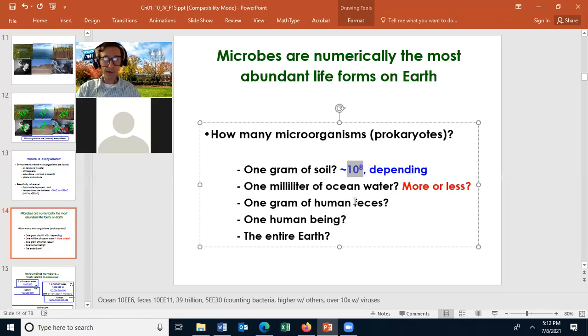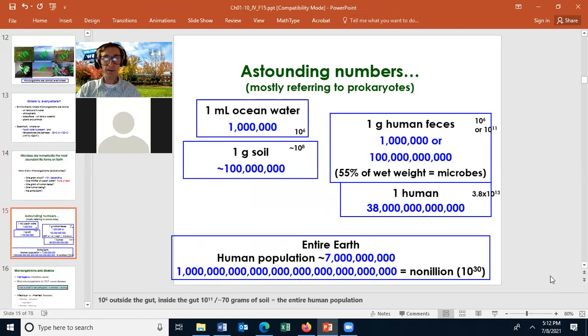But if you defecate in the desert and it's dried up for several days, it actually may be less, but that's because the bacteria have started dying from the desiccation. On 1 human being, you'd have more, and of course on the entire Earth, you'd have more than in 1 gram of soil. Let's take a look at how many you actually find.